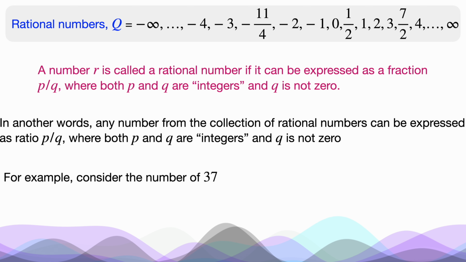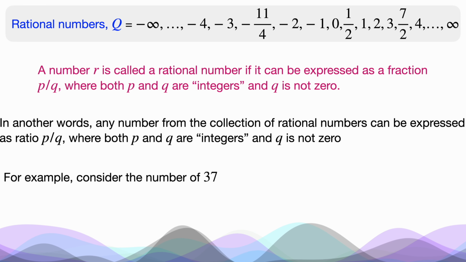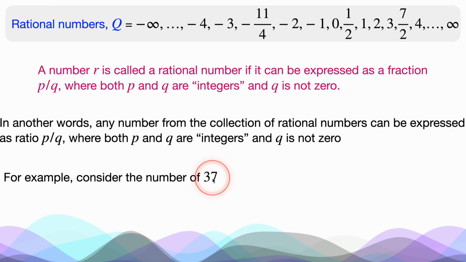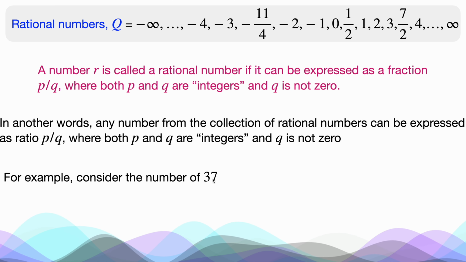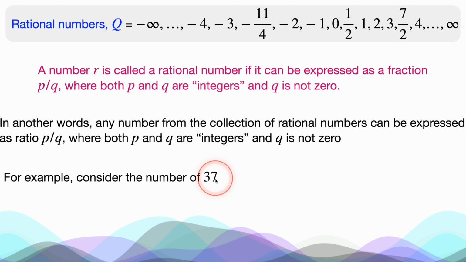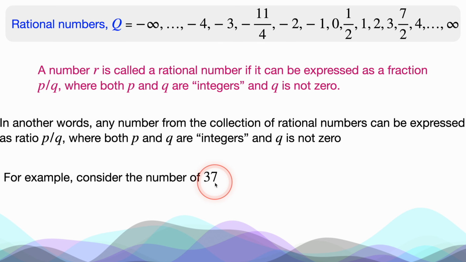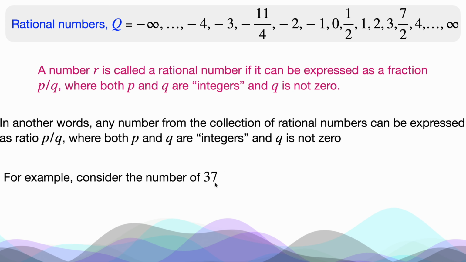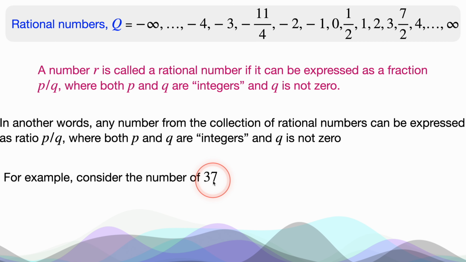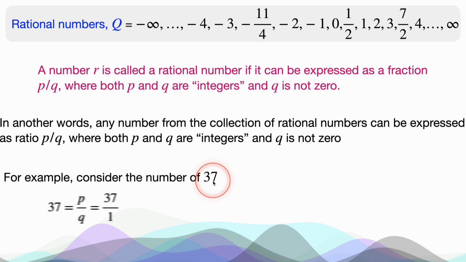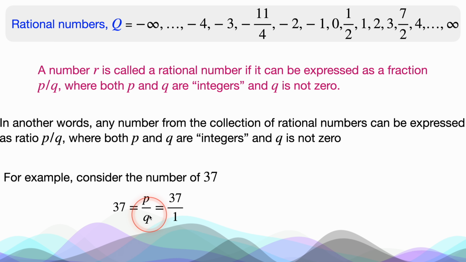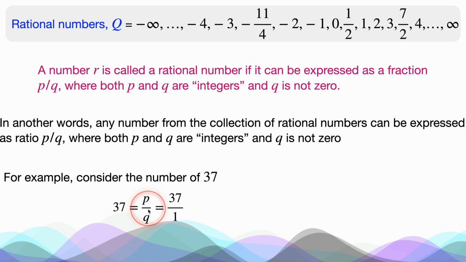Let's say the first example is the number 37. So 37, is it a natural number? Yes. Is it a whole number? Again, yes. Is it an integer? Yes. Now, is it a rational number? So 37 we can represent as p by q. How?